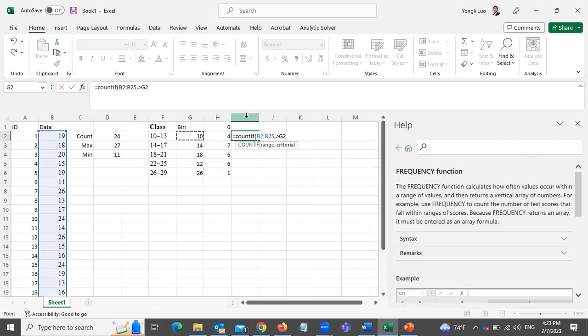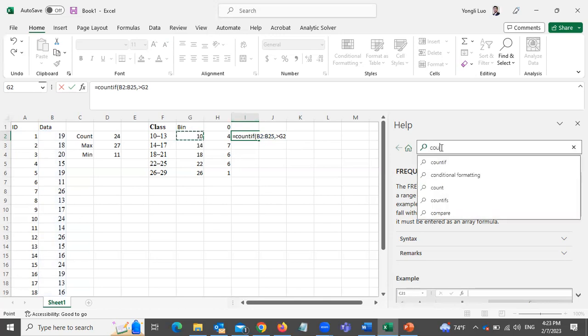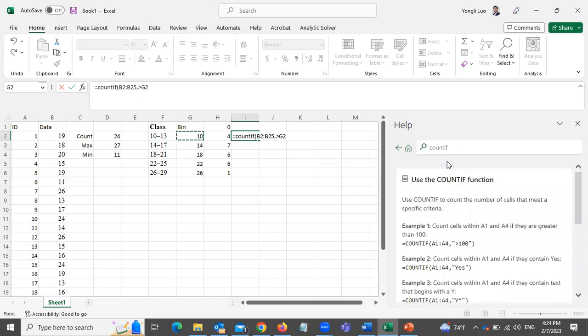If you want to know how to do COUNTIF, let's say you don't know how, you can click on Help. Help will give you the COUNTIF function. You click on that, and it gives you some formulas. You see on the right, COUNTIF where one is greater than 100 or something.